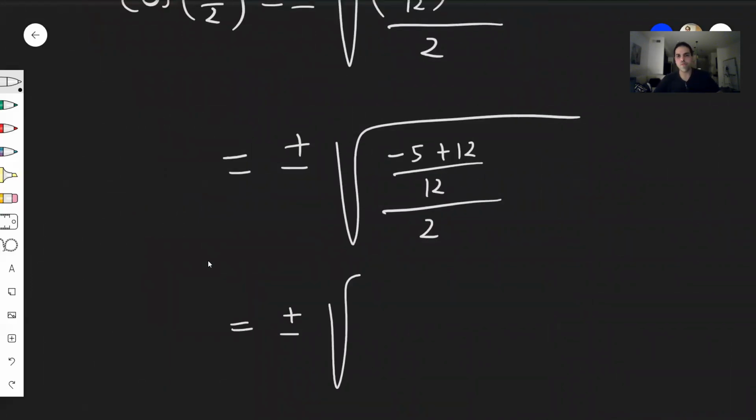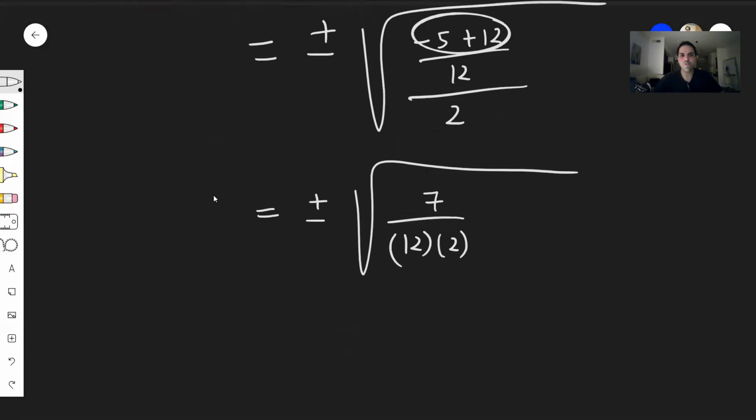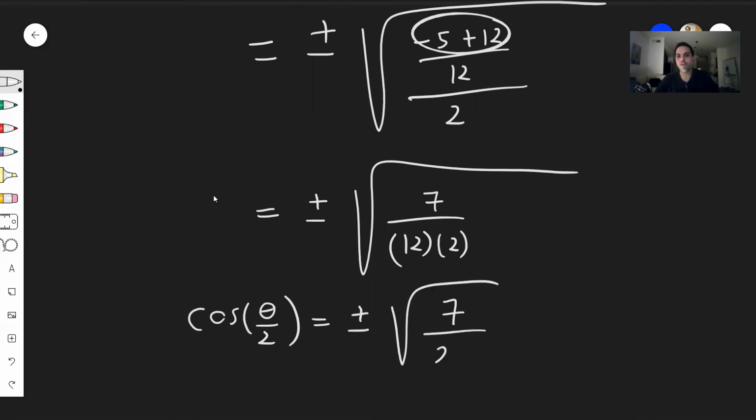And this becomes plus or minus square root. So this numerator becomes 7. And remember here, you have to multiply the denominators. It's like dividing by 2 over 1. So multiplying by 1/2. So we get cosine of theta over 2 equals plus or minus square root of 7 over 24.